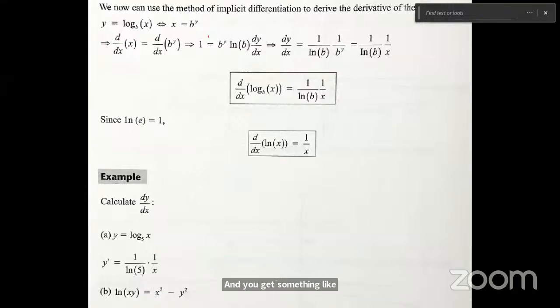So this one you had ln(xy), so you get something like (xy) prime all over xy. So the (xy) prime will give you the x dy/dx plus y.